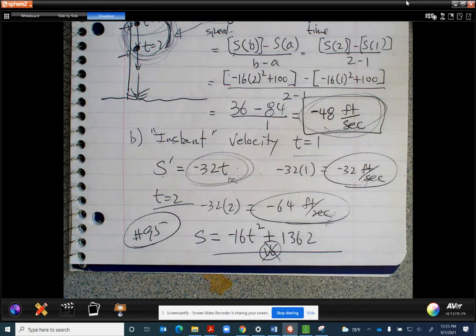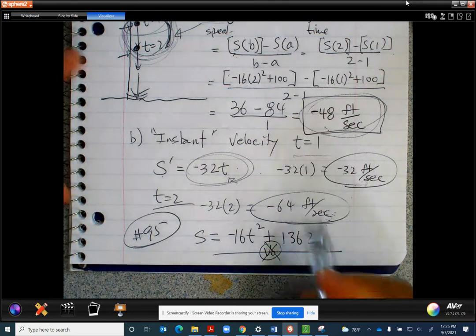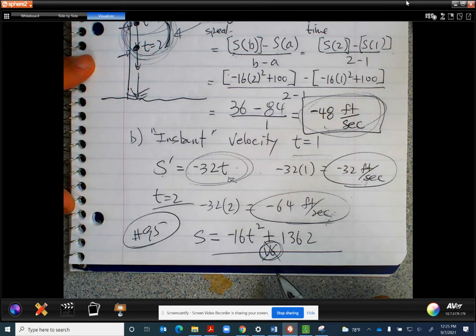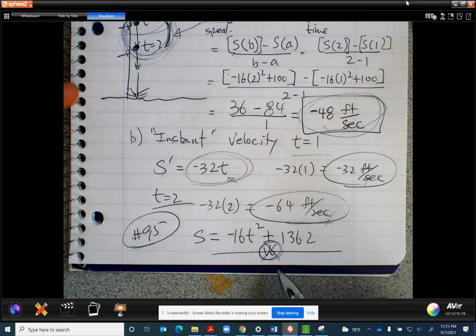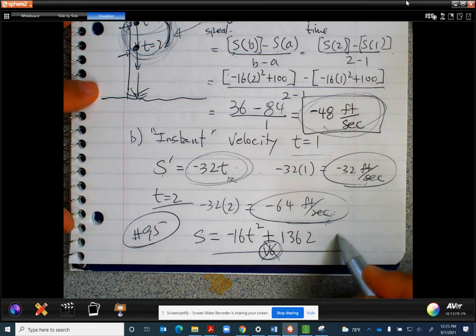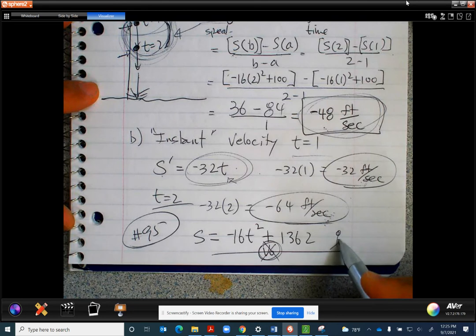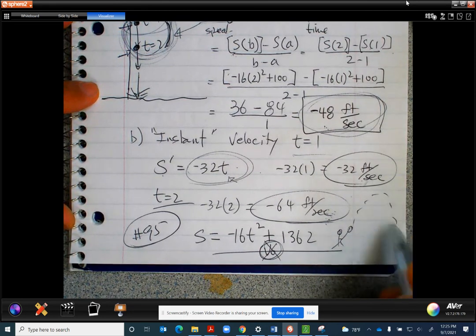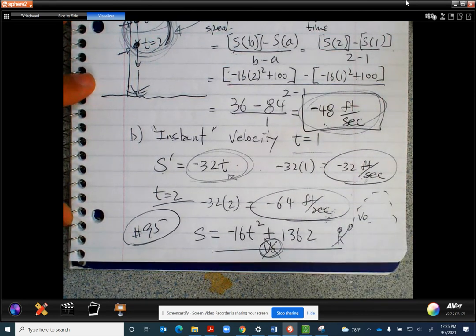But if I throw the ball higher, then you would have a V naught. Sometimes you throw the ball up in the air, and then you would have a V naught. But since we're just dropping it, you don't have any V naught.